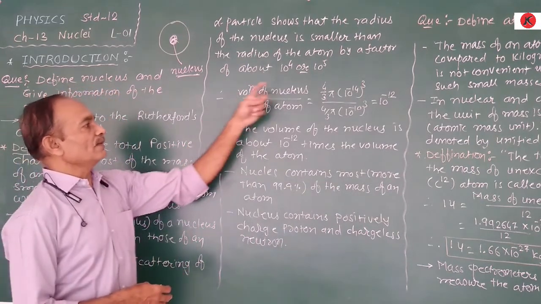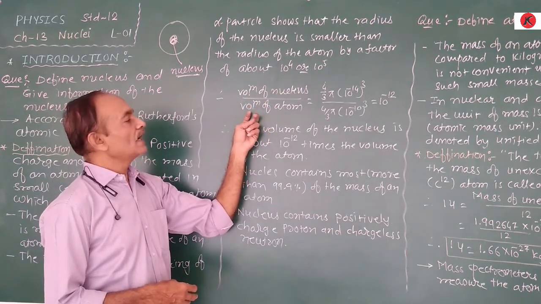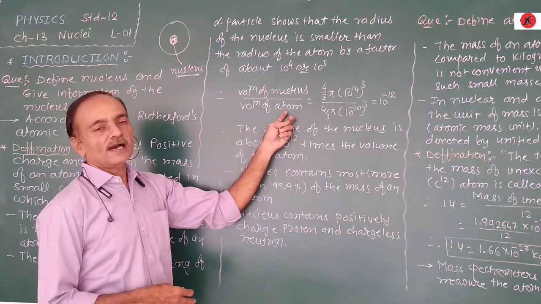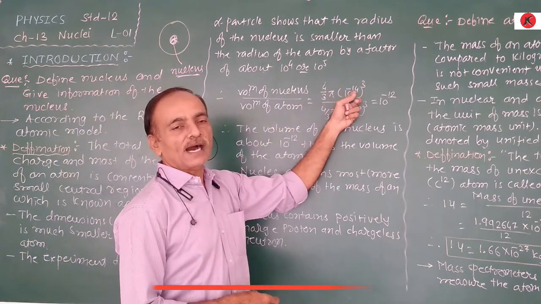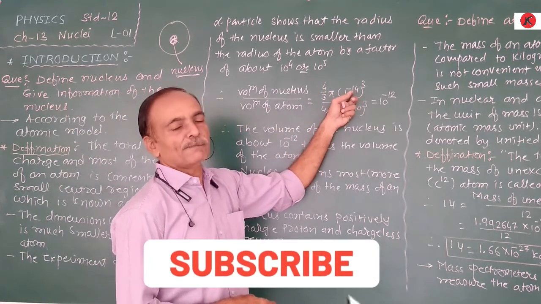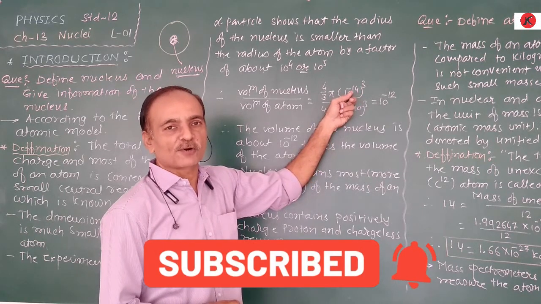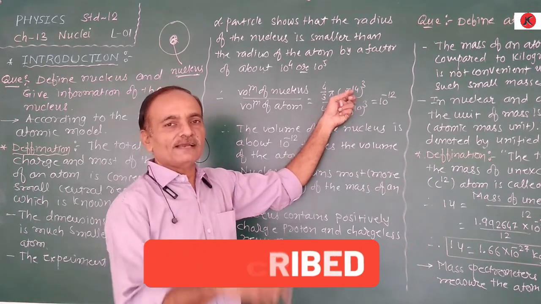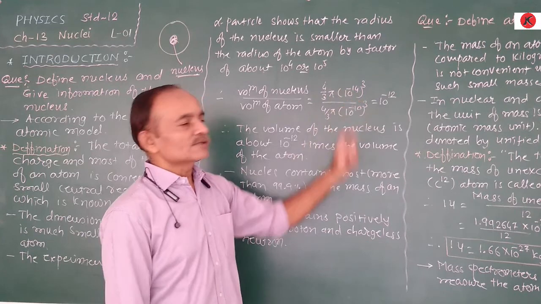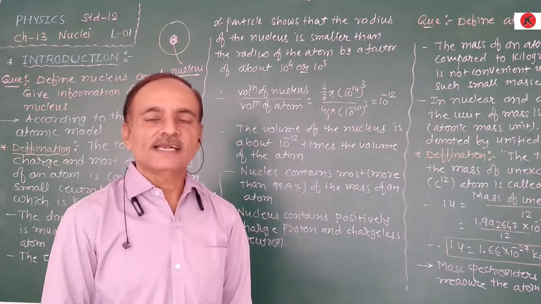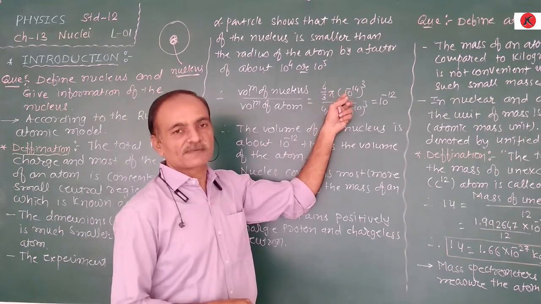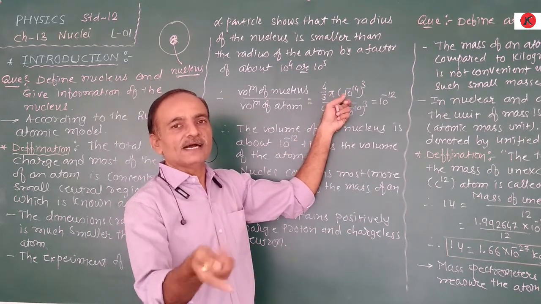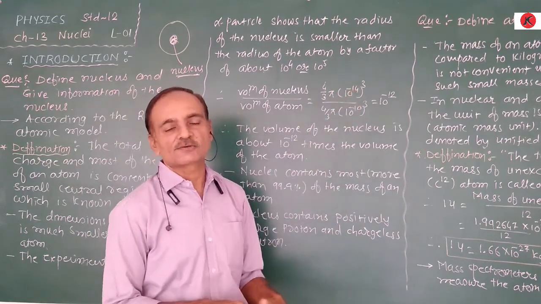Therefore, consider the volume of the nucleus to the volume of the atom, with volume equal to 4/3 pi r cubed, where r is the radius of the nucleus. Approximately we consider 10⁻⁴. In chapter 12 we also discussed that Rutherford estimated the radius of the nucleus of an atom to be on the order of 10⁻¹⁵, but in this chapter our textbook gives 10⁻⁴.